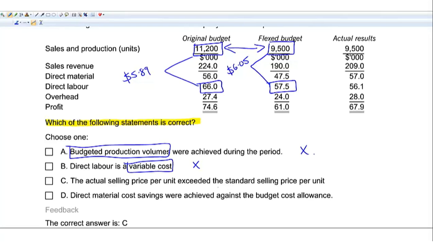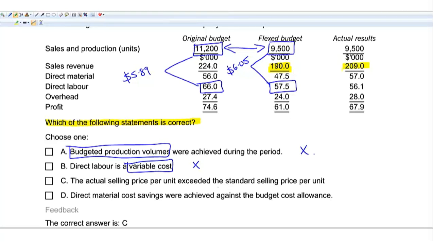The actual selling price per unit exceeded the standard selling price per unit. So to compare the two, we would want to compare our flexed budget revenue to our actual revenue that we achieved. Our flexed budget revenue based on 9,500 units, we would have expected to receive revenue of $190,000.